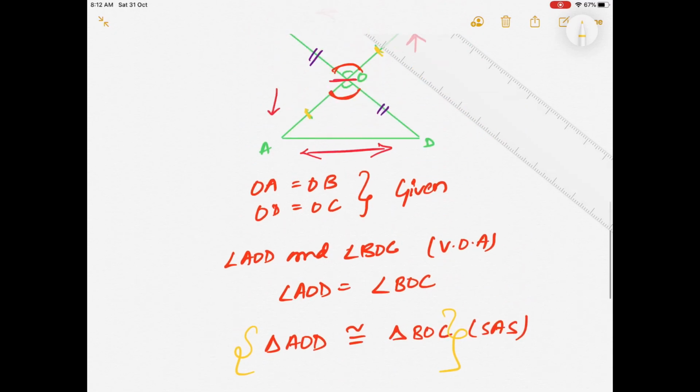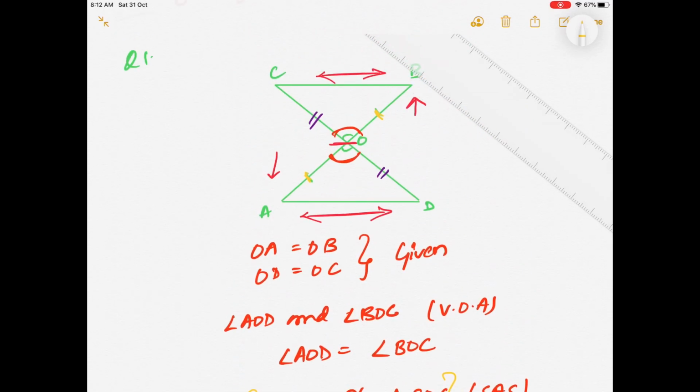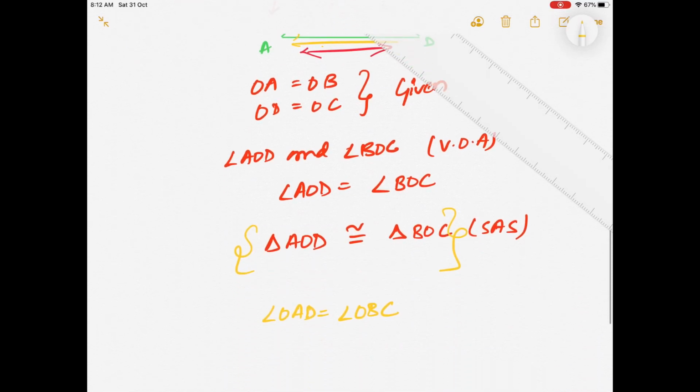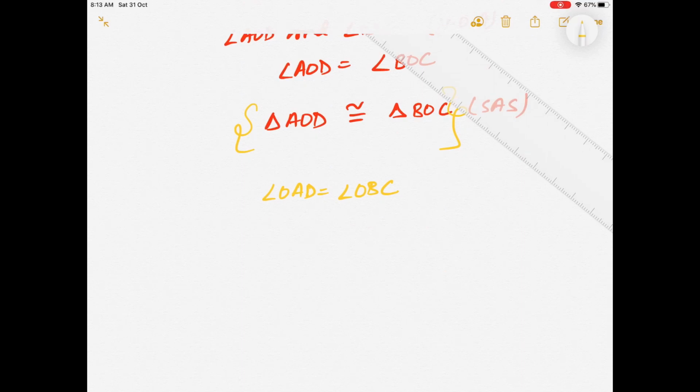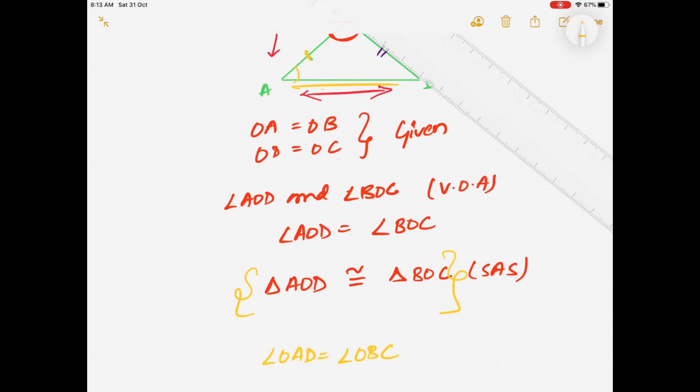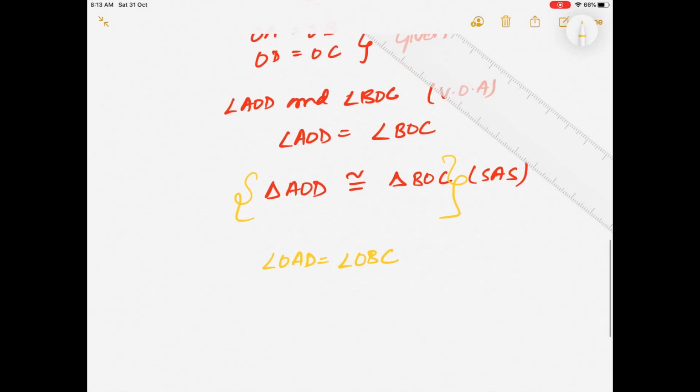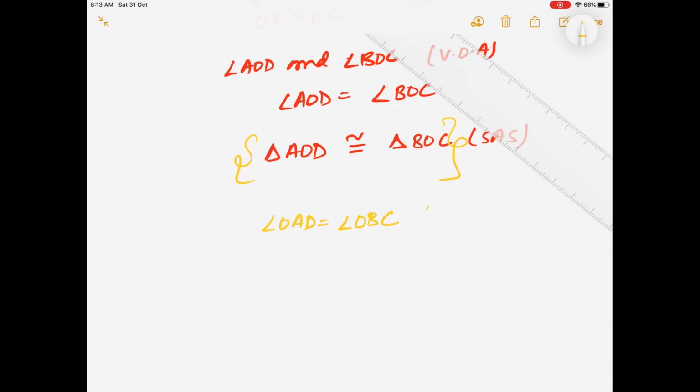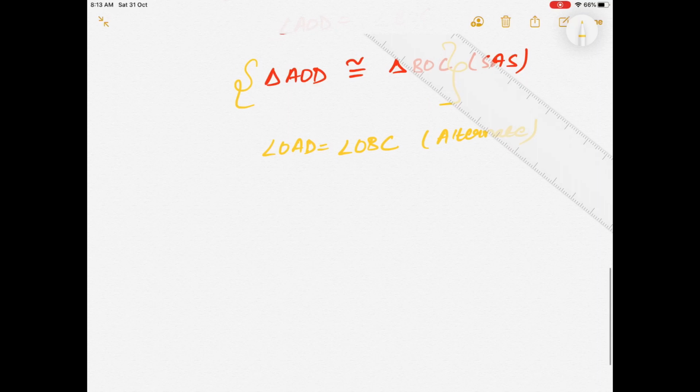These two angles are equal because they form a pair of alternate angles for line segment AD and line segment BC. Which angles? Angle OAD and angle OBC. So by the vertically opposite angles, we proved that triangle AOD is congruent to triangle BOC, and by the pair of alternate angles, AD will be parallel to BC.